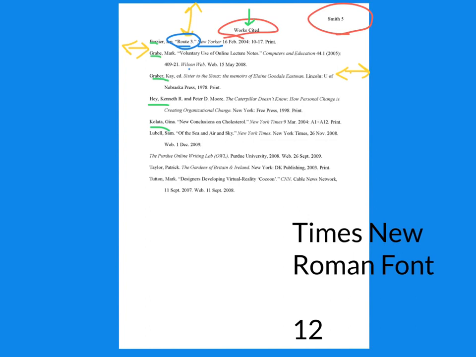Finally, the last thing I want you to notice is that in this particular example of a Works Cited page, instead of typing out URLs, they have also written the word WEB for web, for internet sources, or they have written print for sources that do not come off of the internet. So this one shows you exactly what I need you to produce for your Works Cited page.